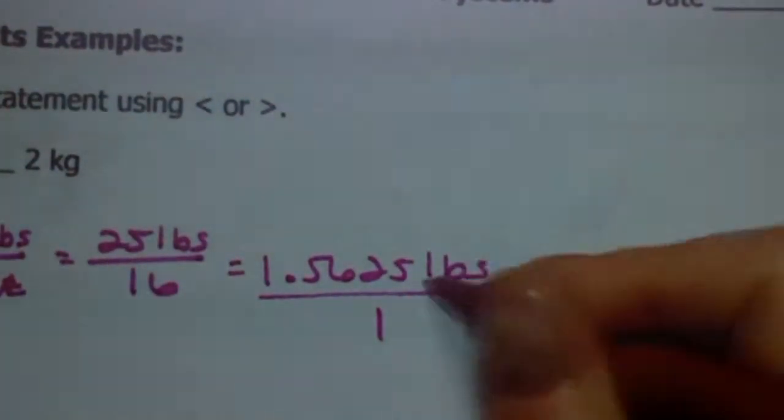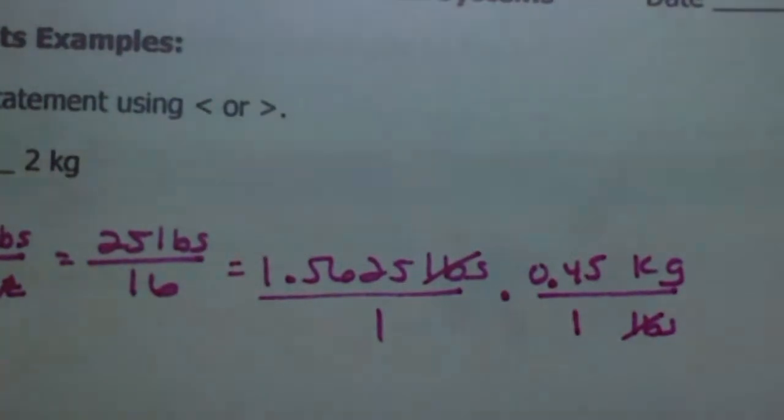So pounds will cancel out. I need to take 1.5625, multiply that by 0.45, and when you do that, let me see what I got here. I got 0.703125, and that's kilograms, I'm sorry, that's not pounds.